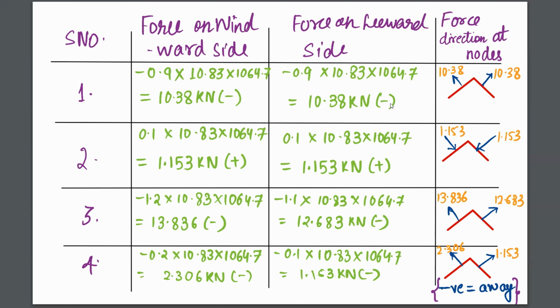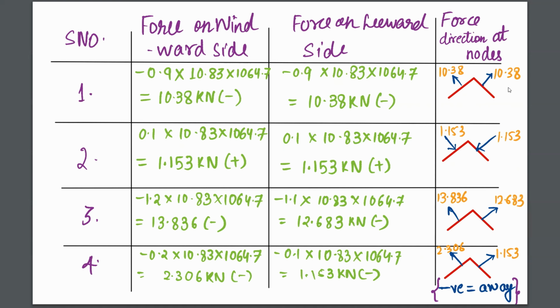If the sign is negative, it means the force is acting away from the roof of the truss, means it is acting inside out. And if the value of force is positive, it means that the force is acting towards the truss. I have indicated this for your convenience. In this manner, we have calculated the values of forces which will be acting on either side of the truss.